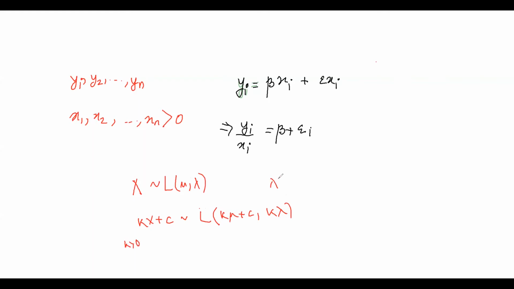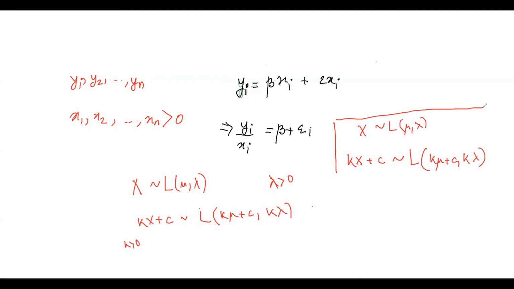Lambda is also greater than 0. So this is the result we are going to use: kX plus c follows Laplace(k mu plus c, k lambda), if X follows Laplace(mu, lambda).